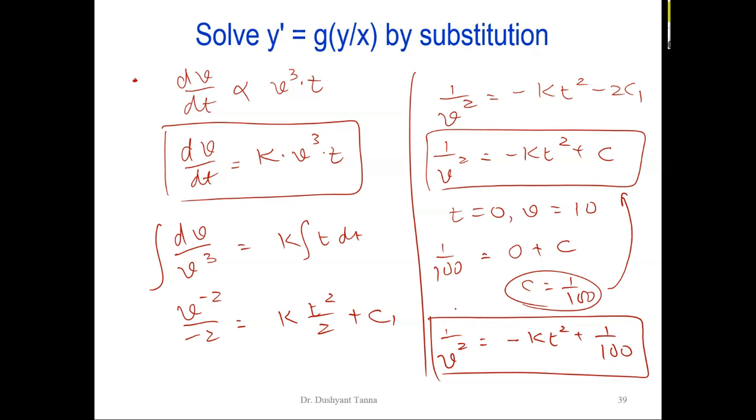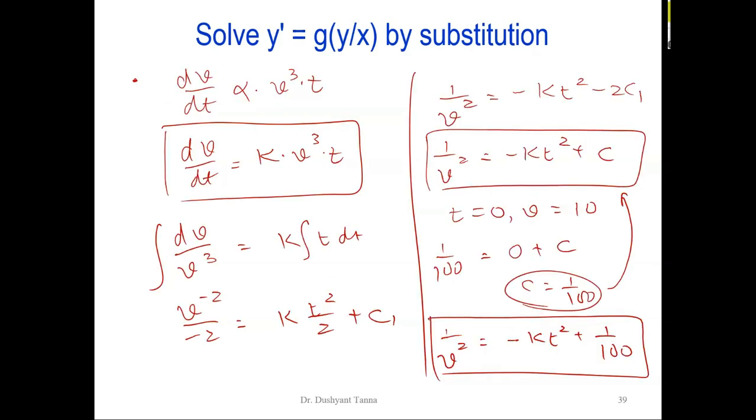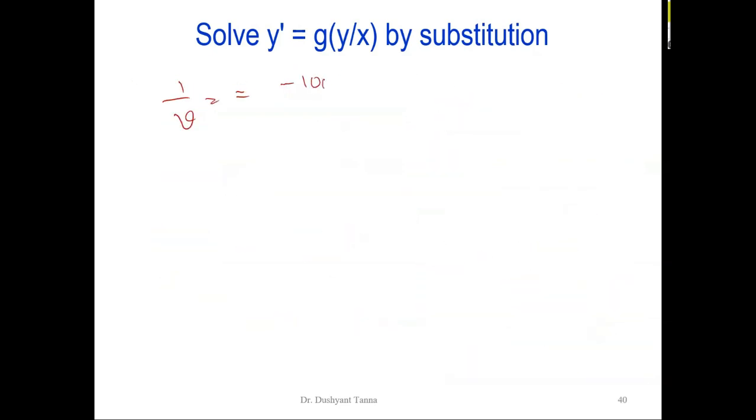So now only I have to take care of k. If you shuffle that up, which we always can, prior to that we can multiply with 100. So 1 over v squared was minus 100 k t squared plus 1 over 100. Yes, and therefore v squared is 100, shuffle it up.